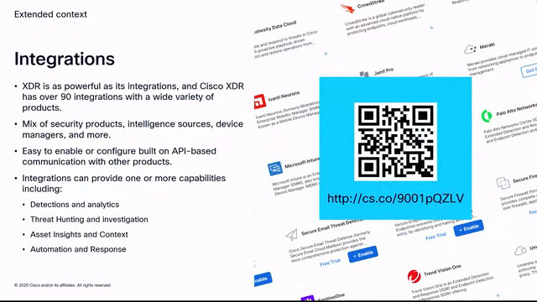So that's about ingestion, and then integrations are obviously the most important thing for an XDR solution because of all of those data sources that you want to bring in. And here is the QR code that you can scan to get to this documentation page, which is, by the way, the most highly accessed and popular page in our documentation, covering all the integrations and integration points and all the features that we bring with each integration, including Cisco's and third parties.